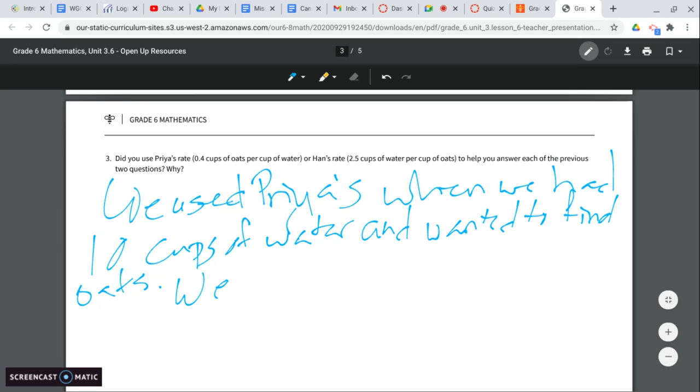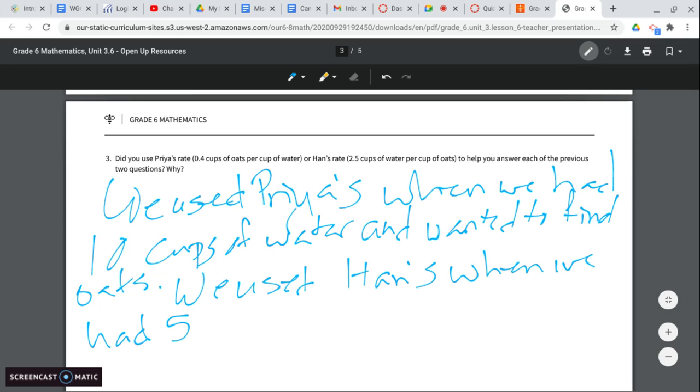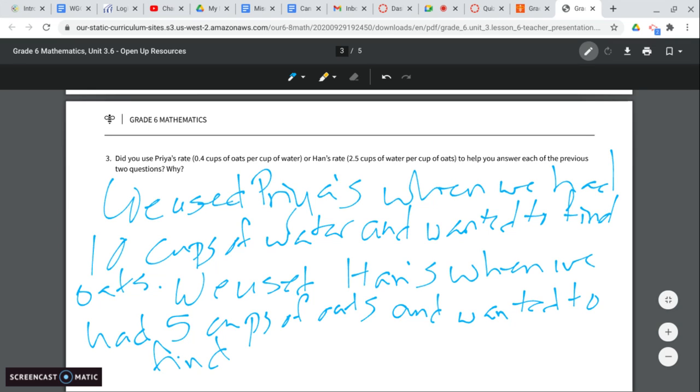We used Han's when we had 5 cups of oats and wanted to find water. So they're reciprocals of each other.